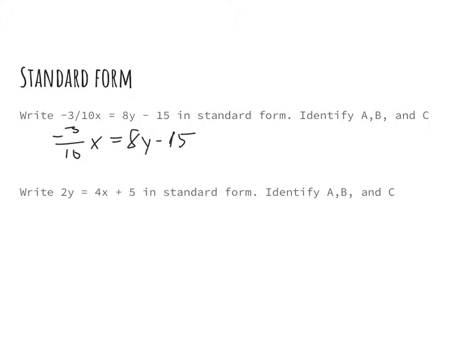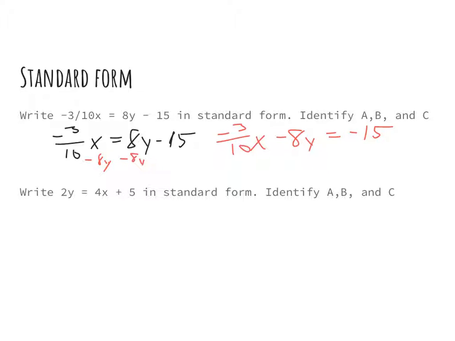Okay, so now our first problem is write negative 3/10 times x is equal to 8y minus 15 in standard form. Then we're going to identify a, b, and c. The first thing we need to do is have x and y on the same side. So I'm going to subtract the 8y over to the other side, and I'm going to get negative 3/10 x minus 8y is equal to a negative 15.